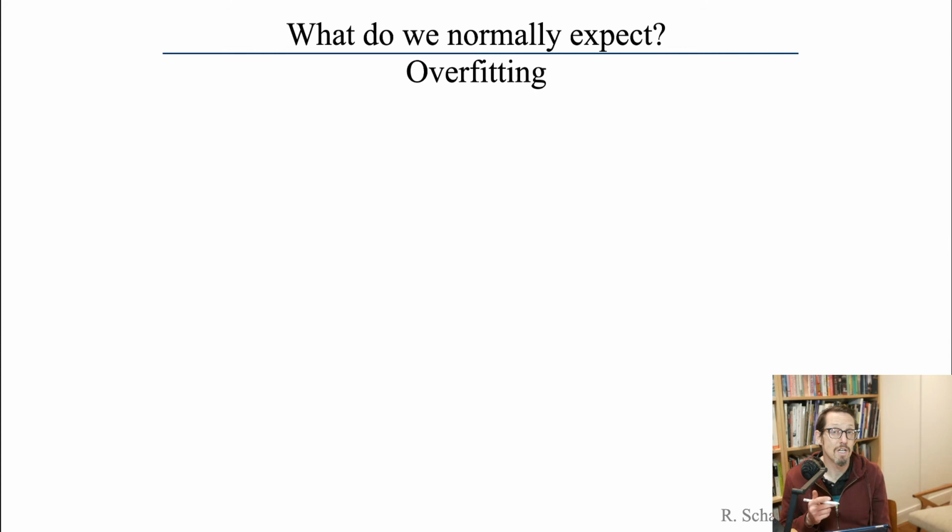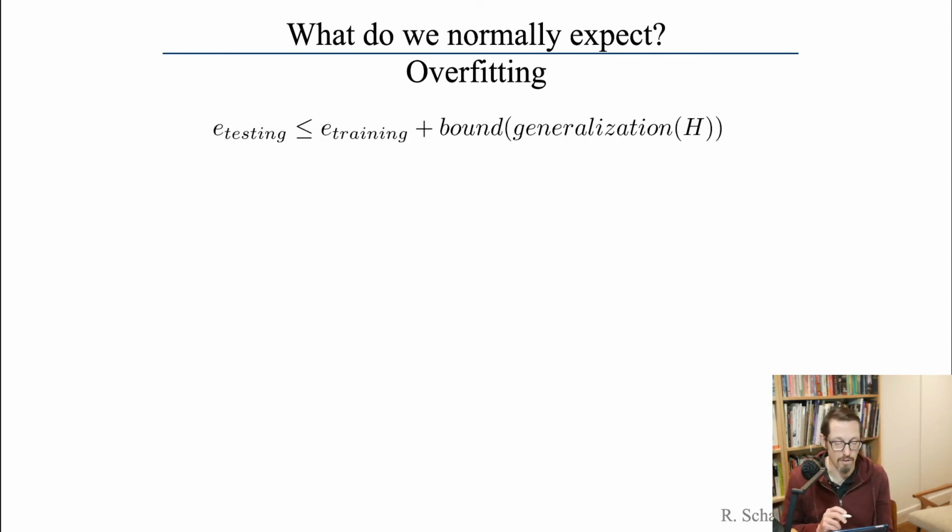But what, you ask, about the test set error? Because all we've done is prove that the training set error is going to approach 0. Well, what do we normally expect as training set error approaches 0? Well, we expect overfitting, right?